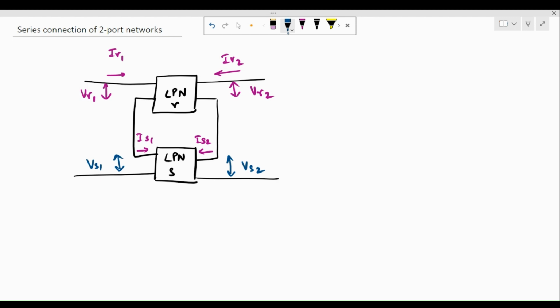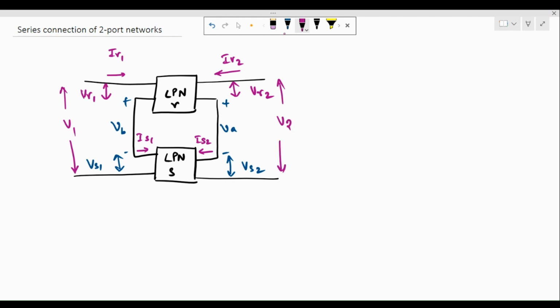So, having said that, the voltage over here is going to be VB, and here I'm going to call it VA. And the overall voltage over here, in this manner, is going to be V1, and here it is going to be V2.